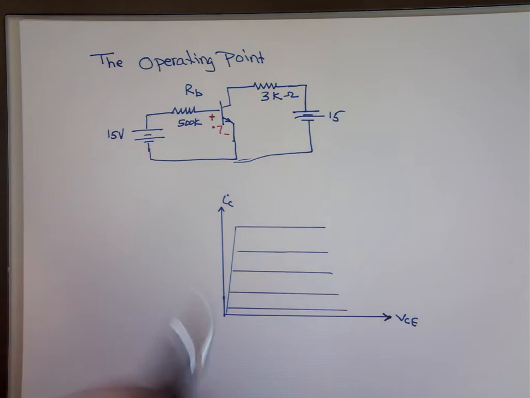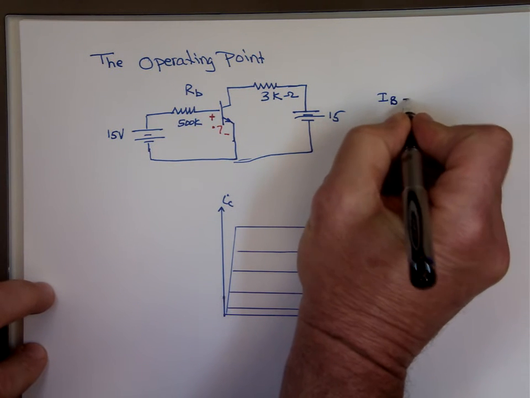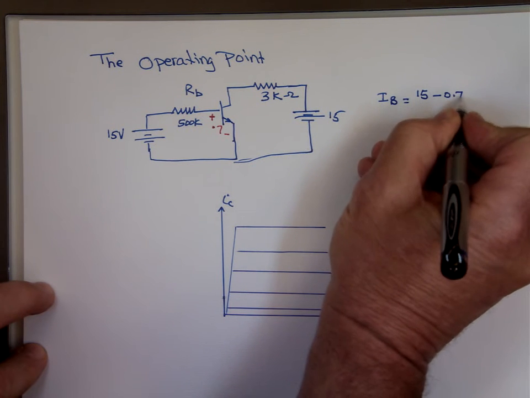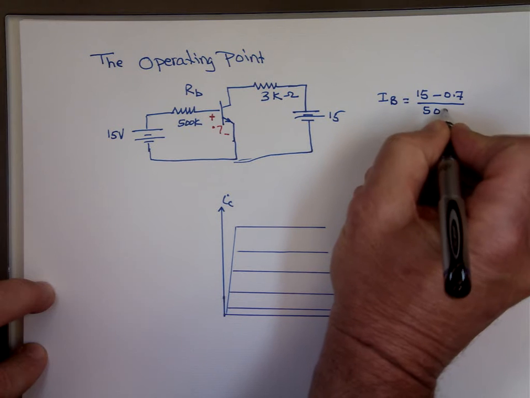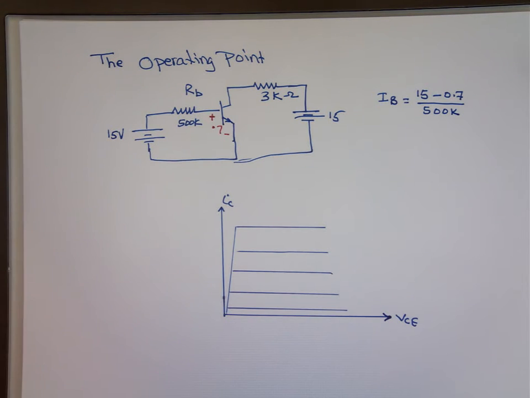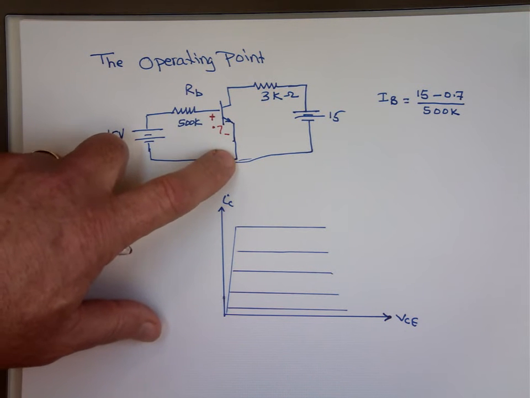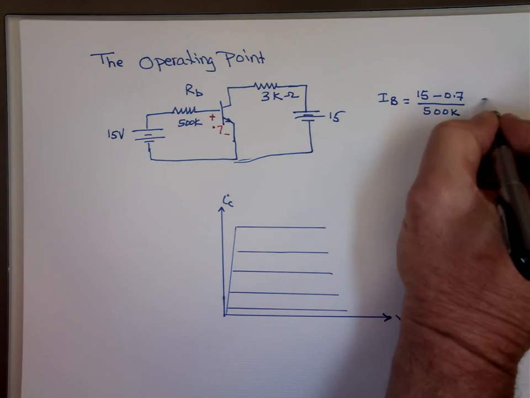So now to calculate I sub B is going to equal 15 minus 0.7 over 500K. That's using second approximation. In second approximation, that voltage is 0.7.